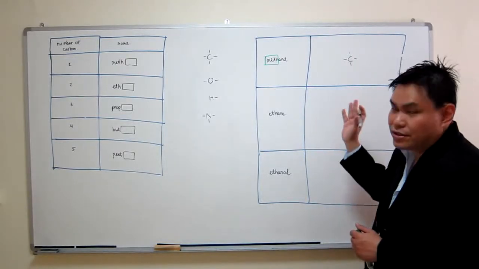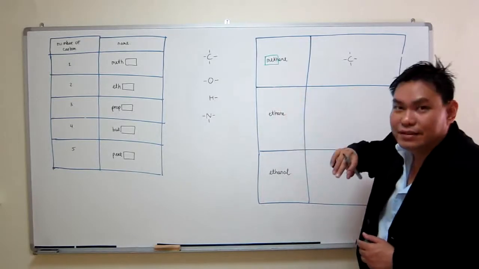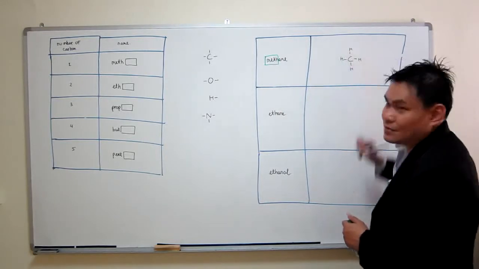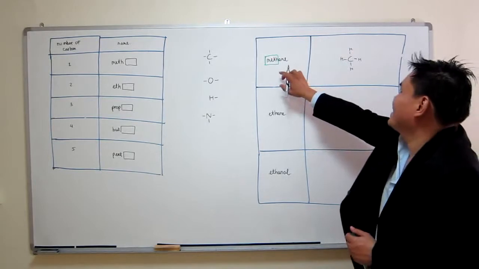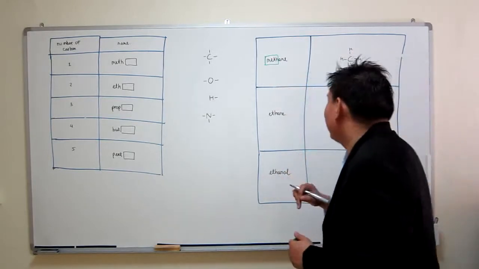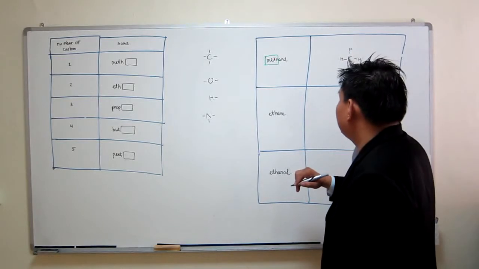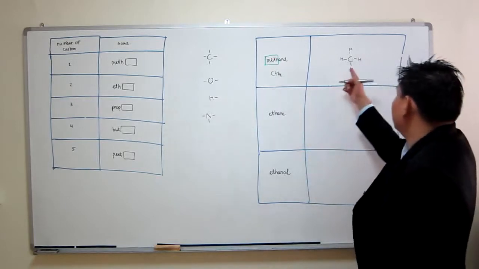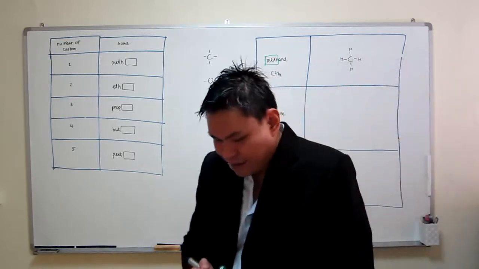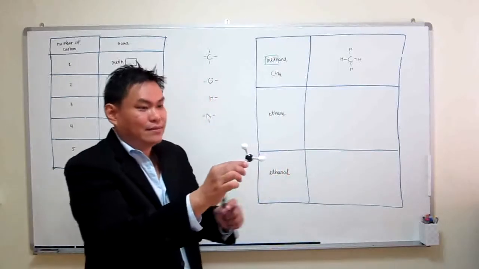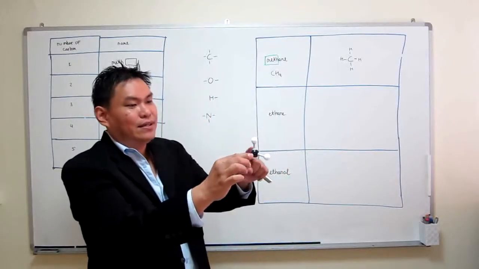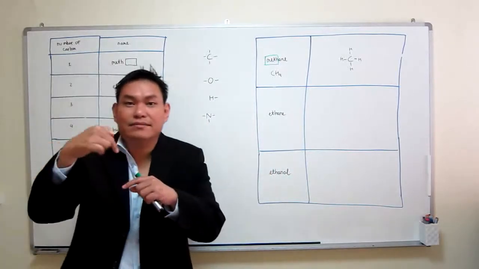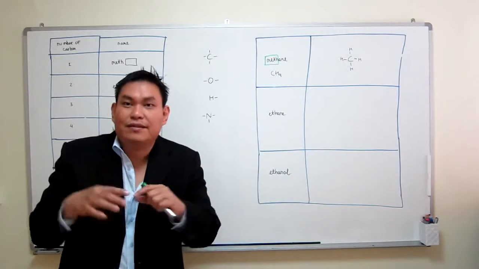If there's no extra information in the name, you simply add hydrogen to it. Hence, the chemical formula for methane is CH4, 1 carbon and 4 hydrogen. And the model for that is this one. You have 1 carbon connected with 4 hydrogen. So remember, if there's no extra information, all the carbon will be connected with hydrogen.